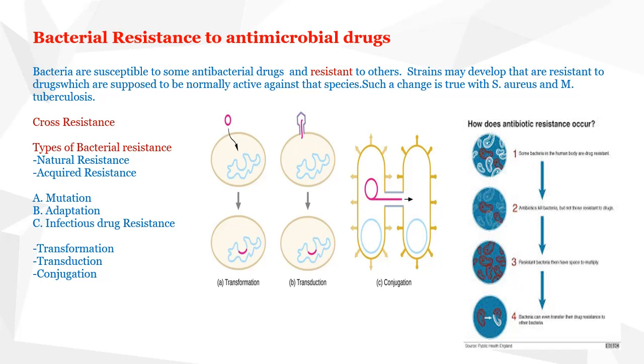Or third, the process of conjugation, which refers to passage of resistant genes, that is the R factors, from cell to cell by direct contact through a sex pilus or bridge.